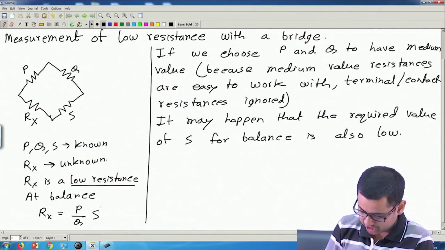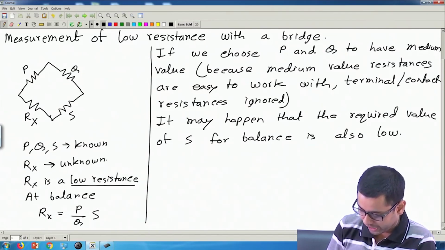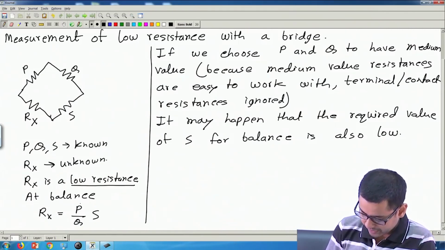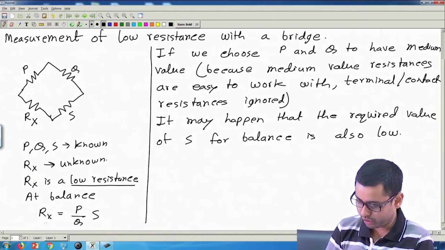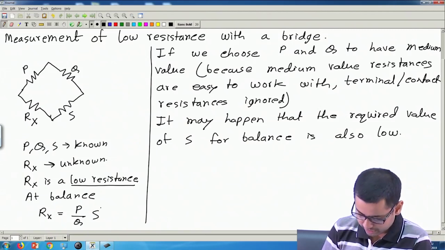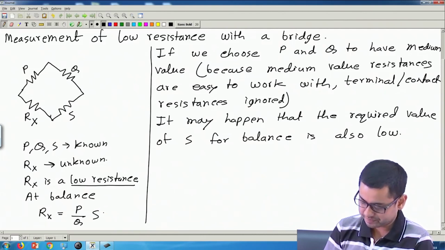It may be possible that with a medium value S, this quantity PS by Q comes out to be of a low value. Then it's fine, not much issue. But it may happen that medium by medium gives a medium value. So, we possibly need a small value of S, so that the right hand side is again a small resistance, because the left hand side is a small resistance.